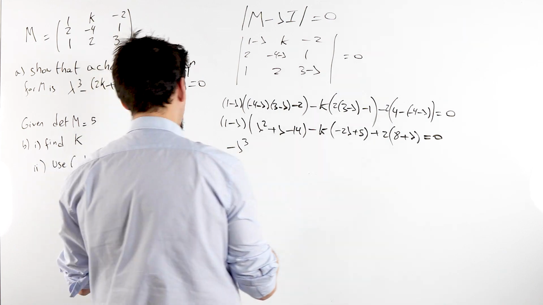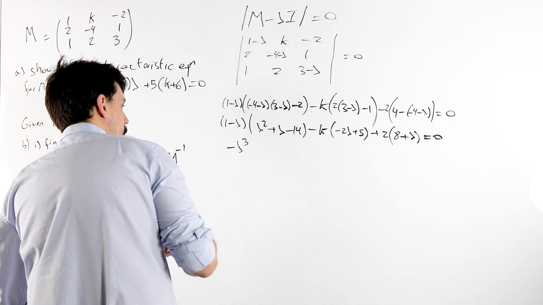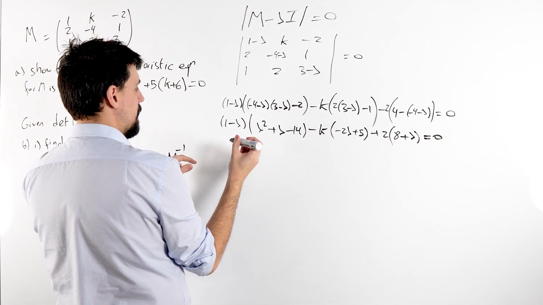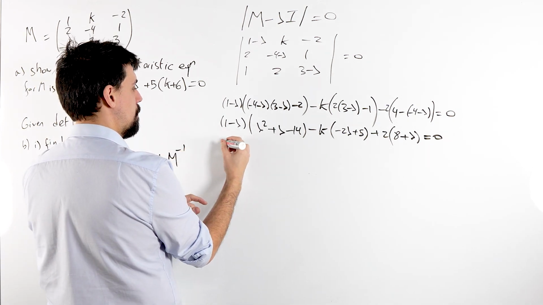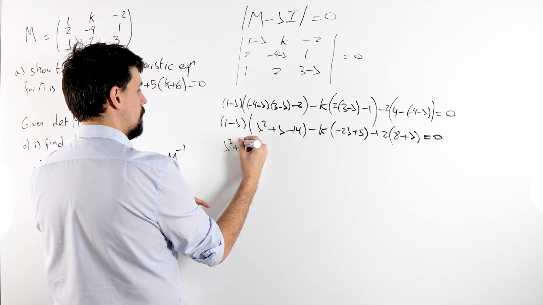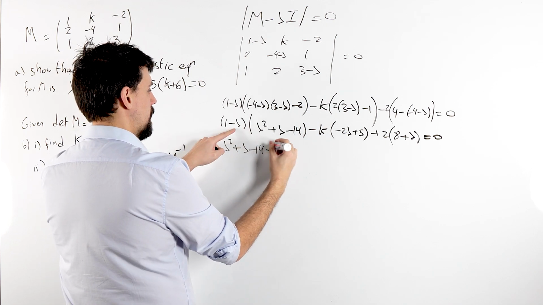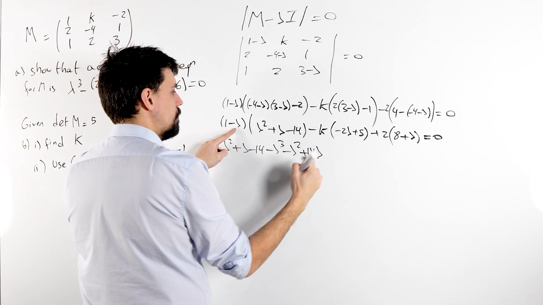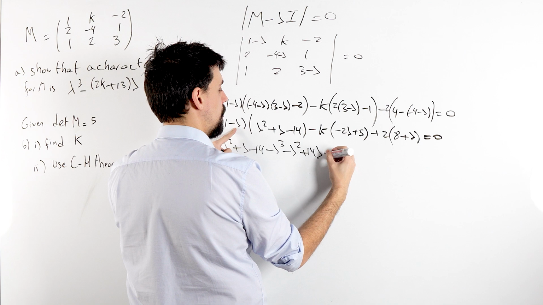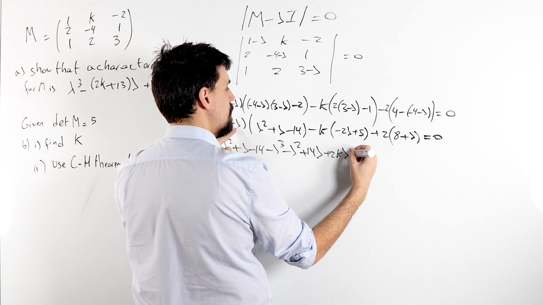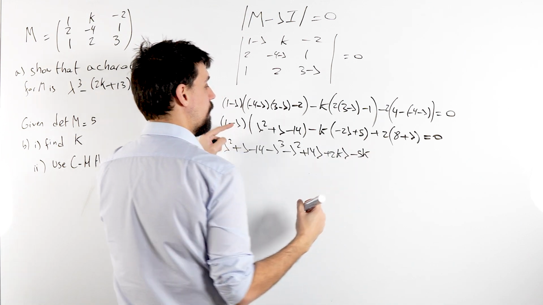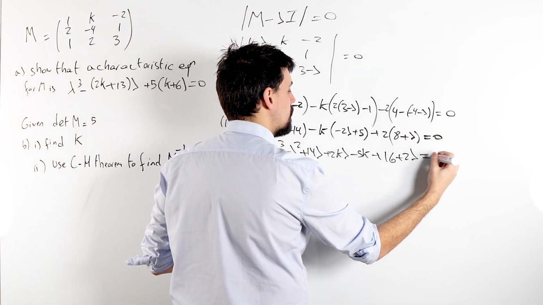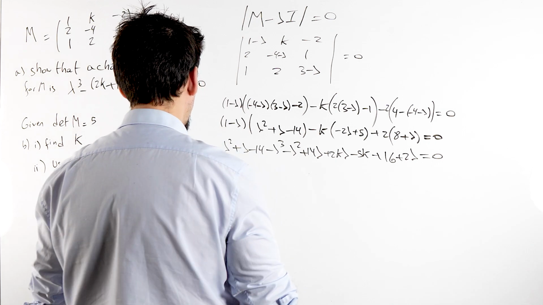Oh, do you know what? I cannot be doing that. Let's not get overly fancy. Let's just expand it bit by bit. So 1 times that bracket, minus lambda times that bracket, times out the k here, plus 2k lambda minus 5k plus 16 plus 2 lambda is 0.